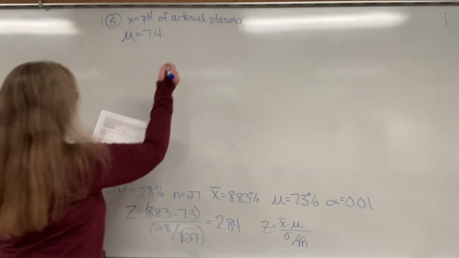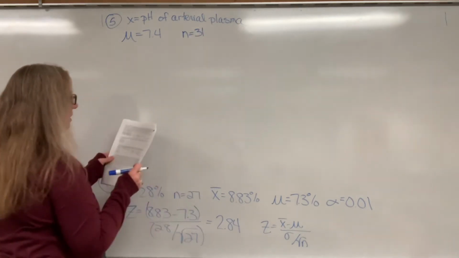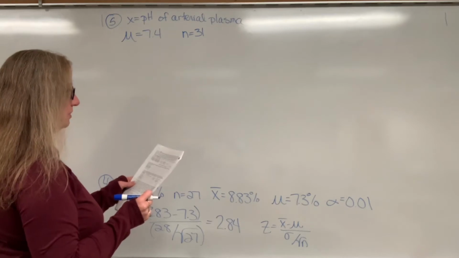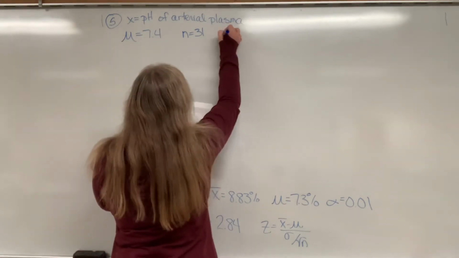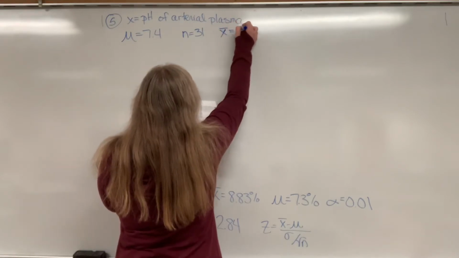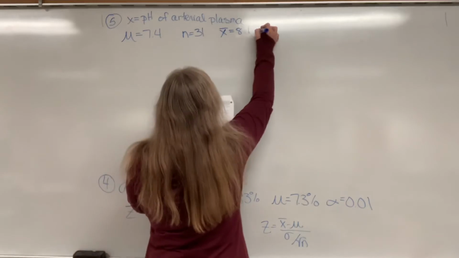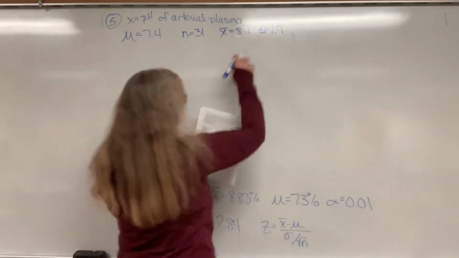A random sample of 31 patients, so n equals 31, with arthritis took the drug for 3 months. Blood tests showed that with x bar equal to 8.1 and a standard deviation, s, a sample standard deviation, okay, so that's important.